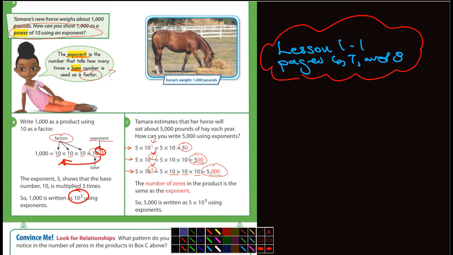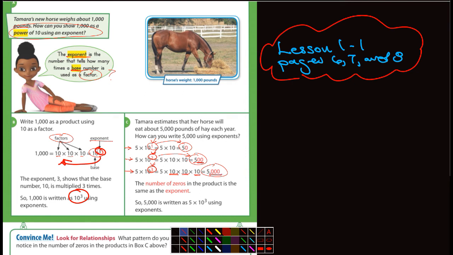If the base is 10 and there's one exponent, you're just going to add 1 zero to the number. In other words, add a 0 to 5. If the exponent is 2, okay, then it's going to be 10 times 10, which is 500, 2 zeros. If the exponent is 3, it's going to be 5 times 10 times 10 times 10.